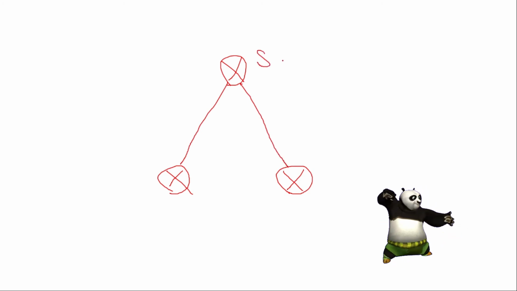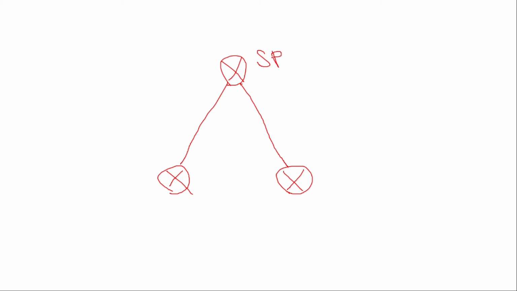This is the service provider and this is eBGP. And you have a LAN here in the site. So you have various subnets to advertise. So these are eBGP connections. So it's a different AS number here and another different AS number here.